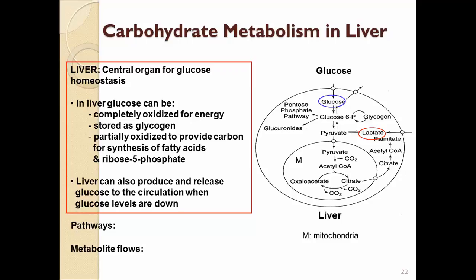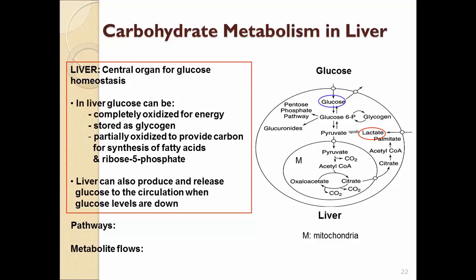So glycogen synthesis, and of course the most important thing, the first step of glucose metabolism is the glycolysis pathway, right? So glycolysis and glycogen synthesis pathways, and glucose can also be metabolized through the so-called gluconeogenesis during fasting conditions.